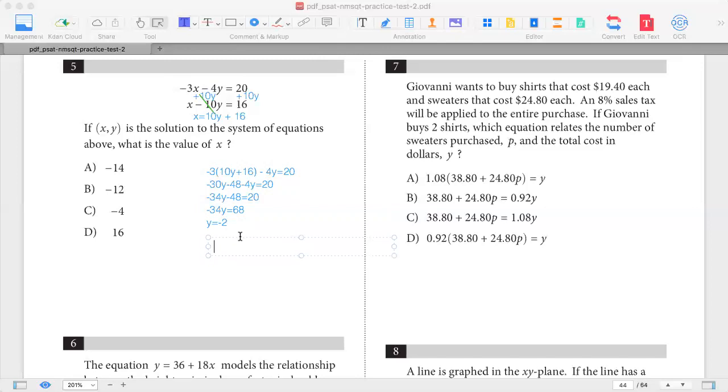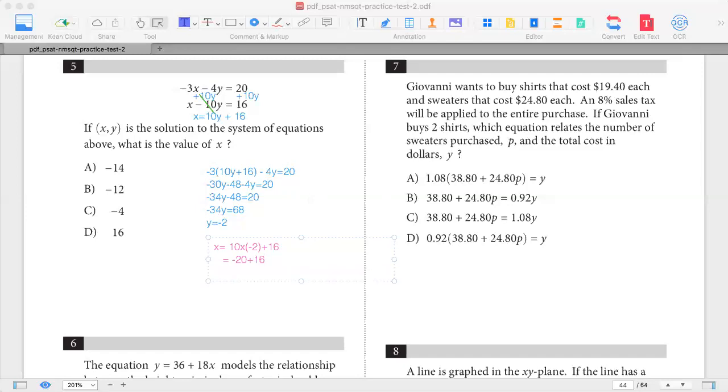Here, okay, x is equal to 10 multiplied by negative 2 plus 16, is equal to negative 20 plus 16.